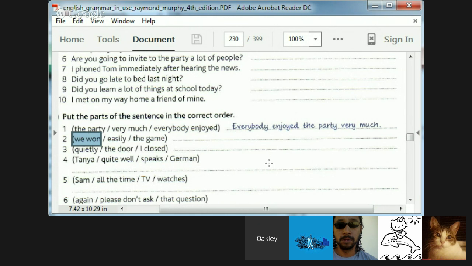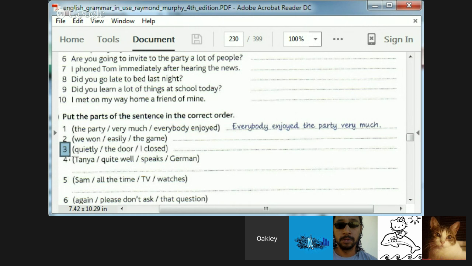You're absolutely correct, putting the adverb after the object noun. So, good job. Right, Mustafa, that's what I'm saying. You could say we easily won the game, but because the exercise itself tells us to keep these two words together, we're really forcing a specific sentence structure. That's exactly what I was saying.